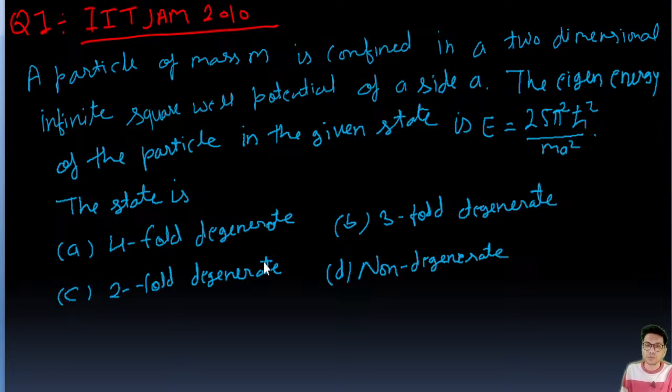Okay, so this is the question. A particle of mass m is confined in a two-dimensional infinite square well potential of side A. The energy of the particle in the given state is 25 pi squared h cut squared upon m a squared.